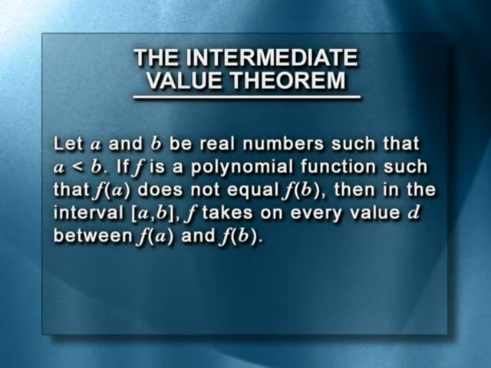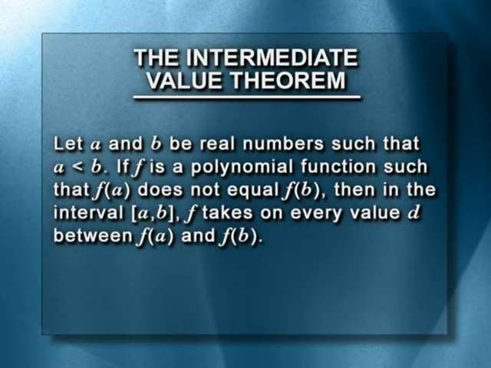Well, the skill we just employed there, going from negative to positive, is an example of a very famous theorem, very important in calculus, called the intermediate value theorem. Let me state the theorem, and then I'll show you a picture that makes it all clear. So let a and b be real numbers such that a is less than b. And consider a polynomial function f such that f of a does not equal f of b on the interval ab.